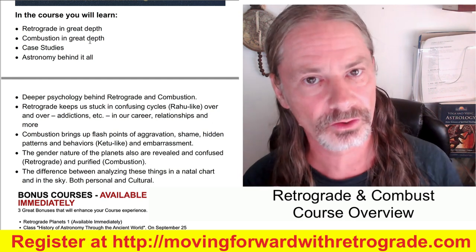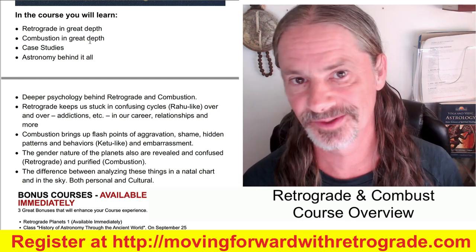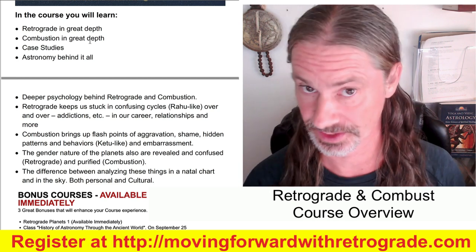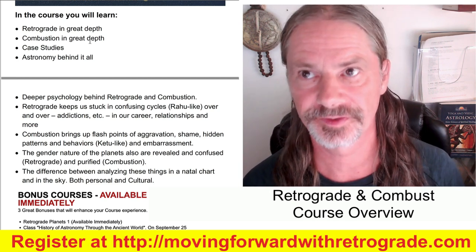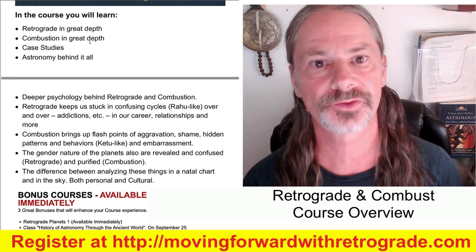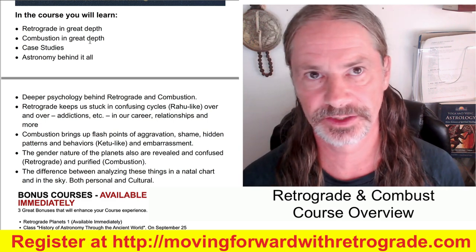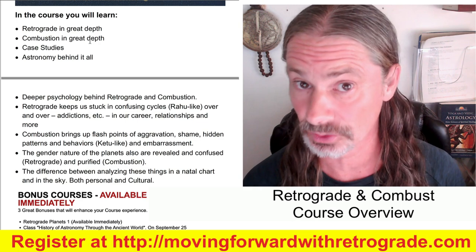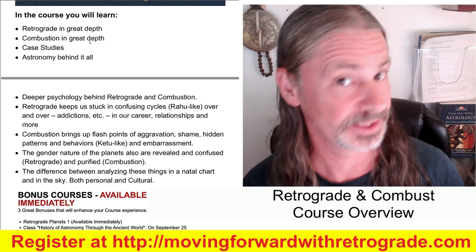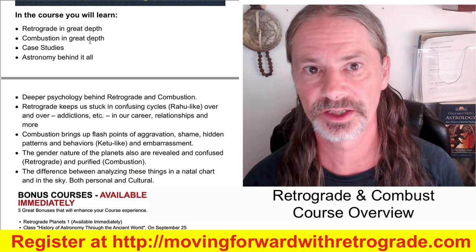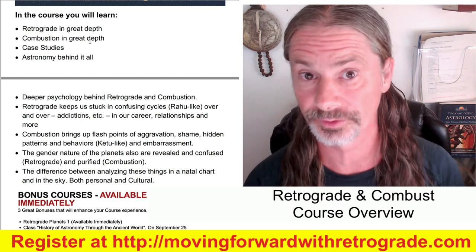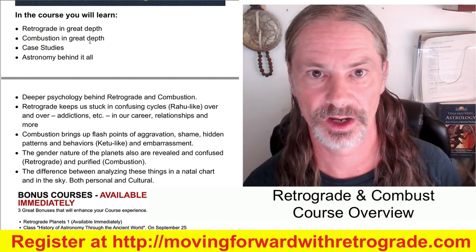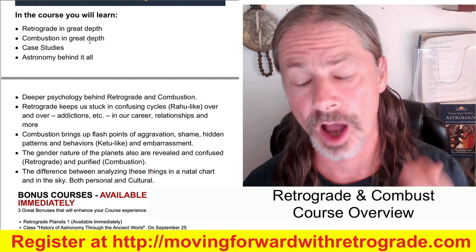And I'm going to get into all of these psychological underpinnings. A lot of the time when you see combust Venus for a woman, they wind up having a lot of touchy spots in their relationships, particularly around sexuality, pleasing the partner, feeling disrespected and unappreciated, and really having to work through that frustration of the combustion.